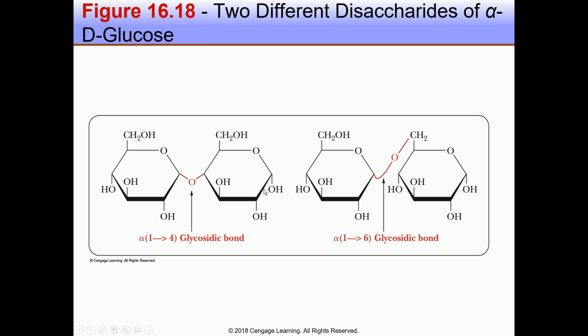So this is 1, 2, 3, and here is the fourth carbon. These two glucose molecules are linked by an alpha 1 to 4 glycosidic bond, which means this bond is linking carbon number 1 of this glucose and carbon number 4 of this glucose. And this is an alpha 1 to 6 glycosidic bond. Here the linkage is between carbon number 1 of this glucose and carbon number 6 of this glucose.